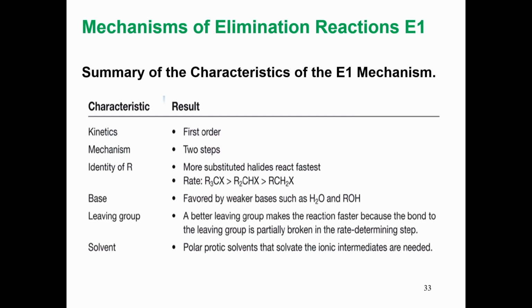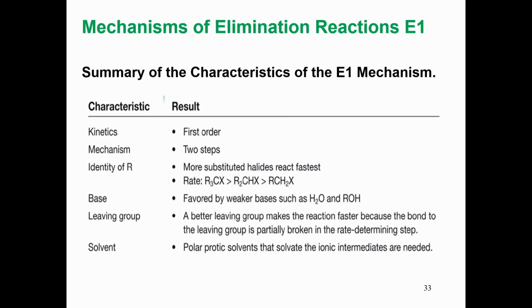The rate of the E1 mechanism is first order, meaning that the rate is determined by only the alkyl halide. It is two steps because it involves a carbocation first before abstraction of the beta hydrogen to form the alkene.